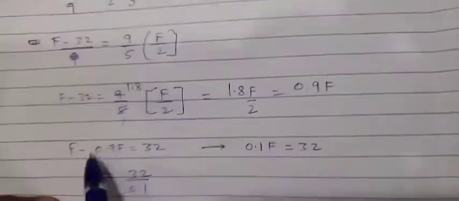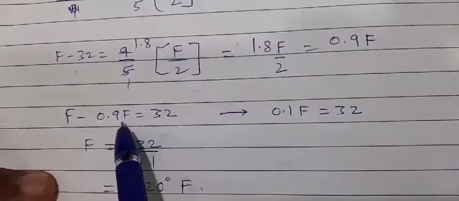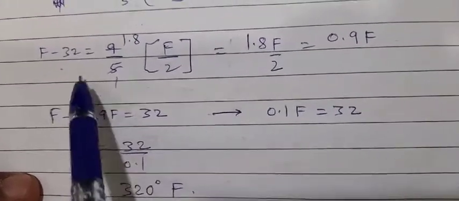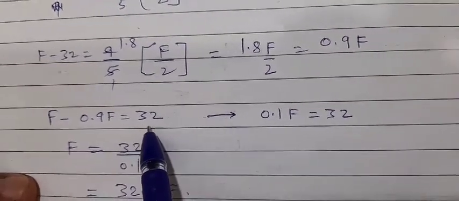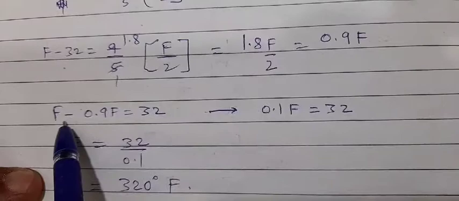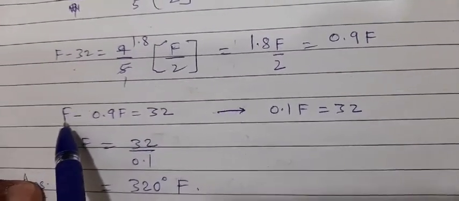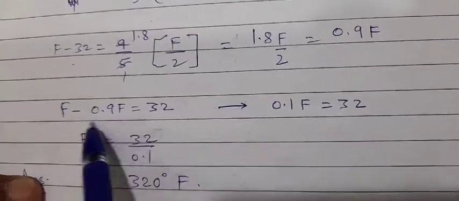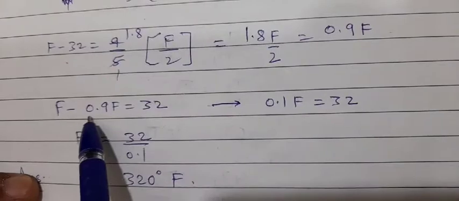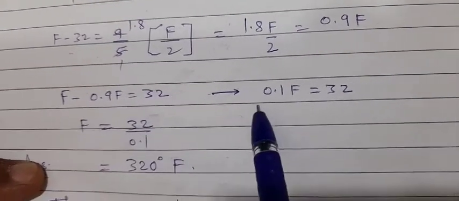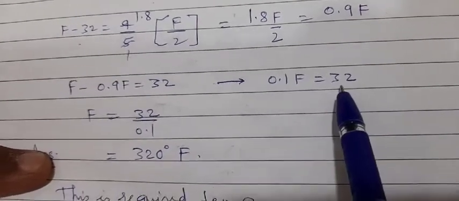Now F minus 0.9 F is equal to 32. This minus 32 will become positive 32. Further, we consider 1 F minus 0.9 F, which comes to 0.1 F is equal to 32.